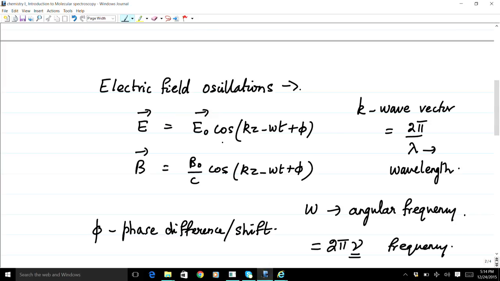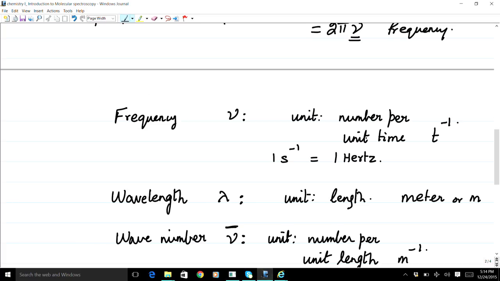Now, there are two or three properties that I have introduced: the wavelength, the angular frequency, and I will also introduce a unit called wave number. Let us see that. The frequency of the wave, nu, is basically the number of waves that pass a point in a unit time.